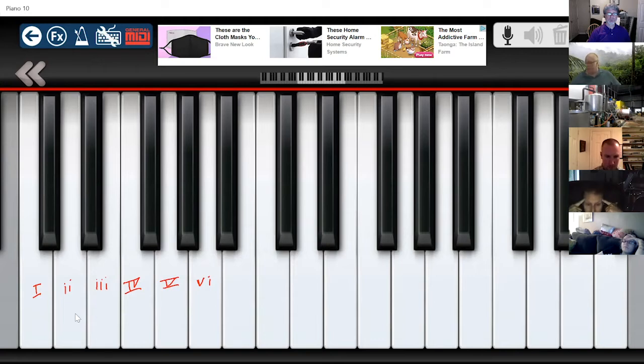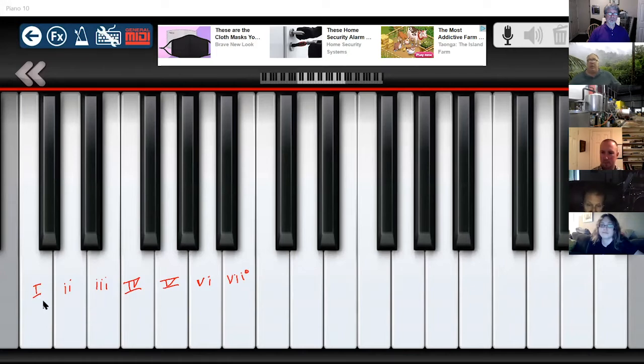The oddball of the group is going to be Mr. 7th. And so in a major key, in the diatonic grouping, the most dissonant triad that you're going to have is a 7th diminished triad. And the reason why it's called diminished, by the way, we should probably go through all of this.